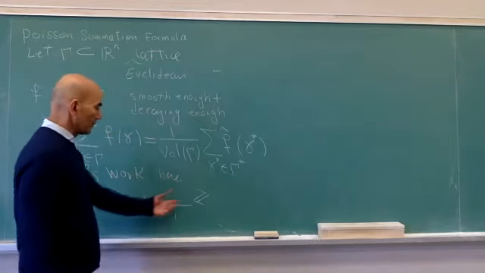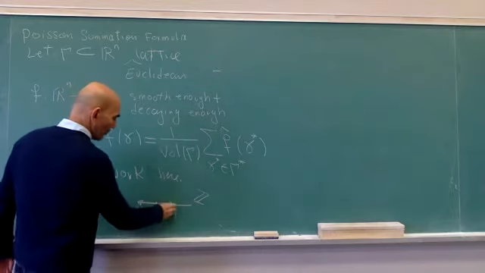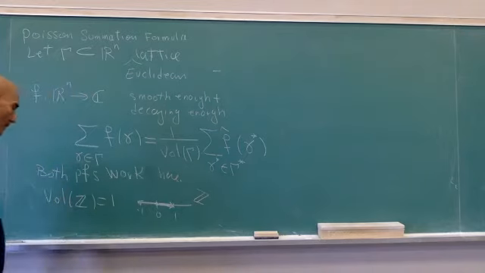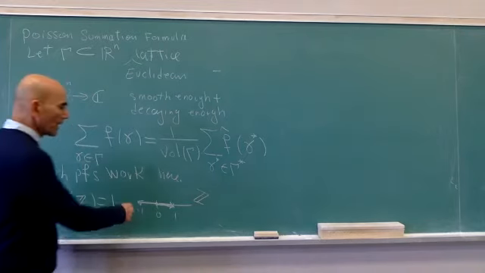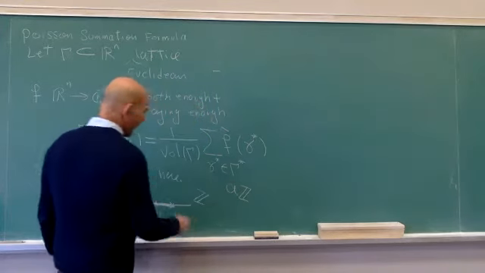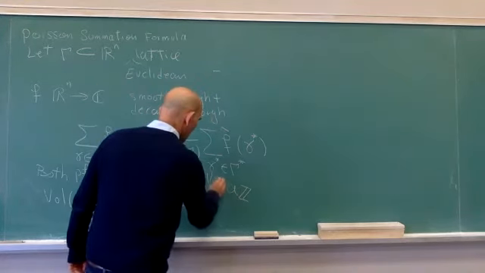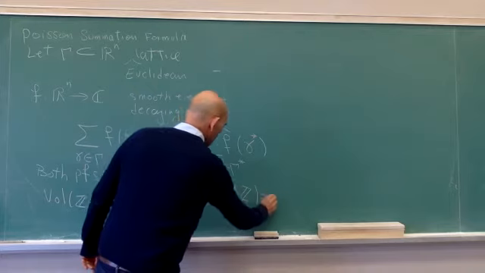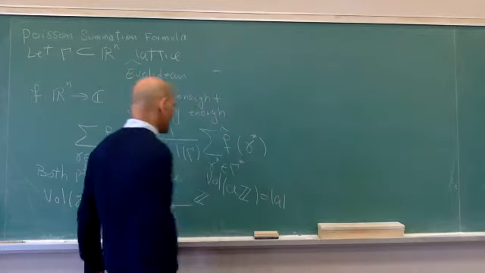There's no other basis for this lattice. And if you compute the volume of this parallelepiped here, you get 1. So that's good. Of course, if you have some lattice like aZ, then its volume is going to be the absolute value of a.